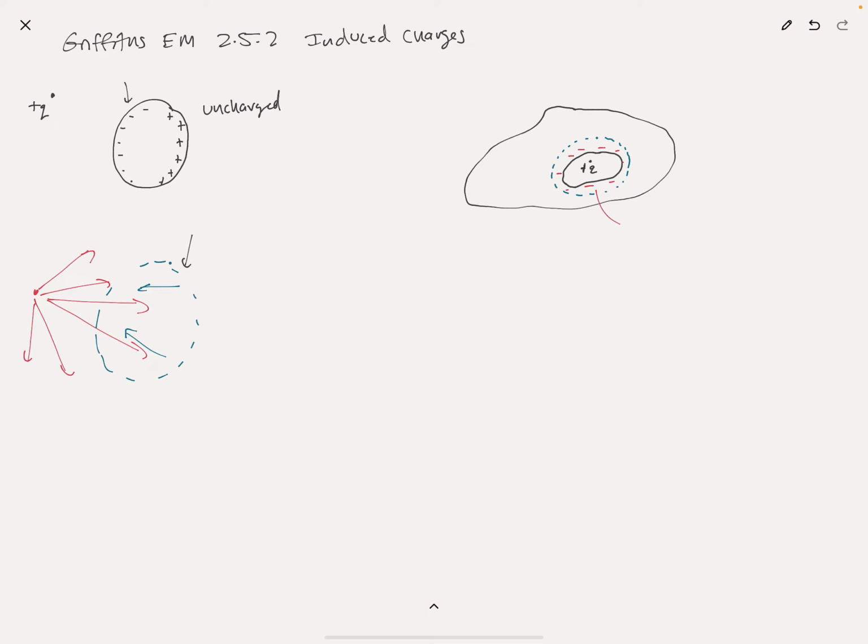So now Q enclosed inside of that is zero, because it has my one positive charge and a bunch of little negative charges.